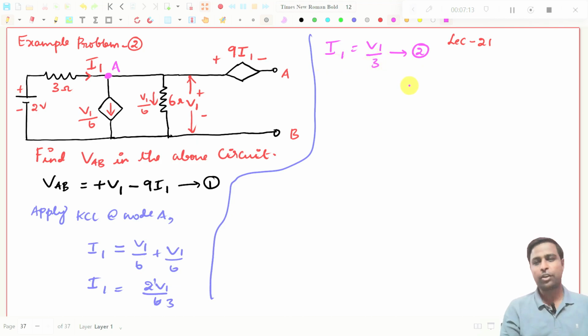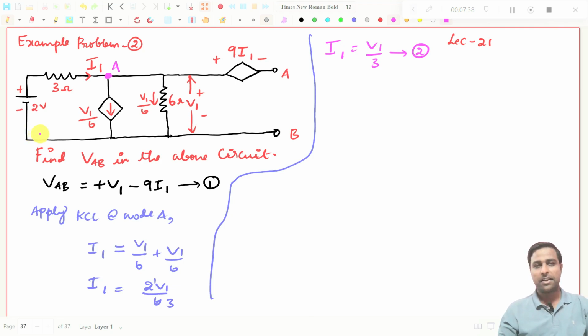Now I am going to apply KCL for this outer loop, not for this one. I will start from this point. You can apply KCL for any closed loop. I will start from this point and come like this, and like this, and then I will end here.